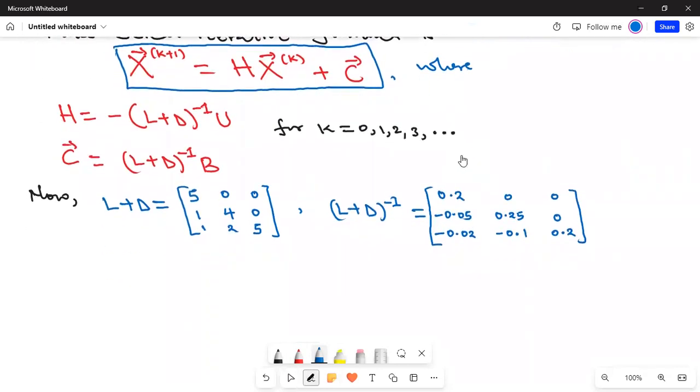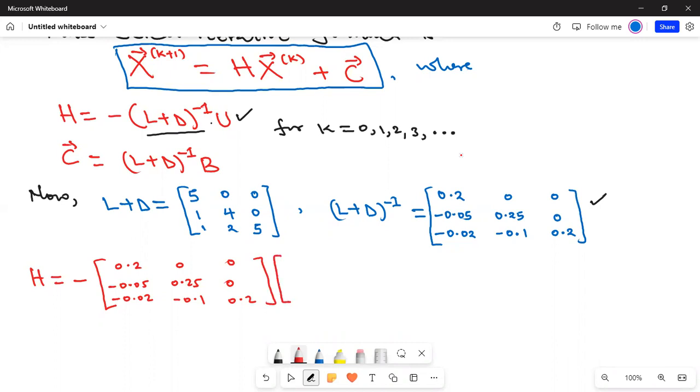So our H will be equal to negative of that inverse times U, using this formula. We write that it will be negative of 0.200, negative 0.05, 0.250, negative 0.02, negative 0.1, 0.2.